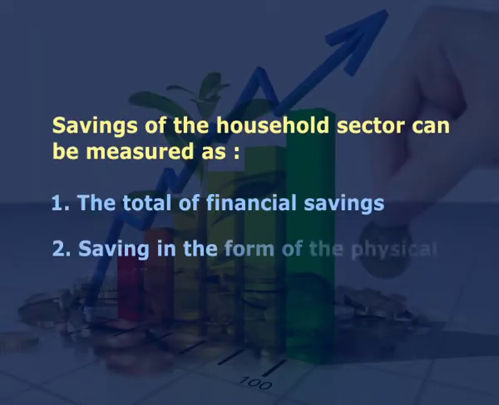The financial savings involves possession of currency, net deposits, investment in shares and debentures, net claims on government in the form of central and state government securities, and small savings, net increase in the claims in life insurance and provident funds. Number two, saving in the form of the physical assets. The physical assets include construction, machinery, equipment and stocks held by individuals, firms and other institutions constituting the household sector.